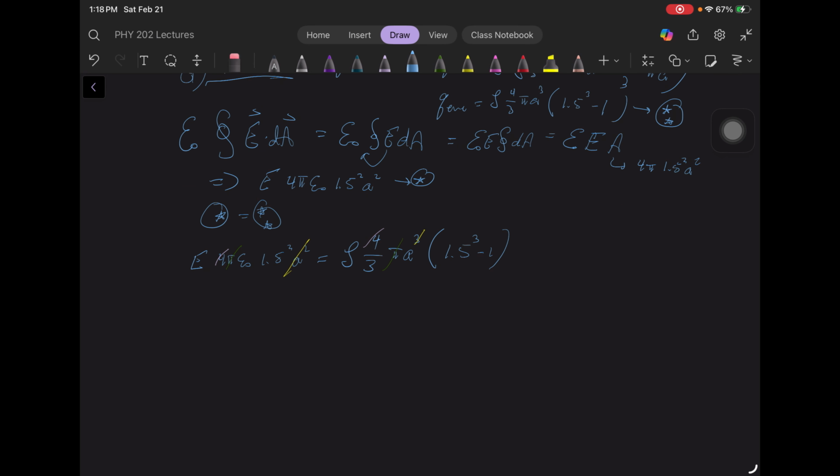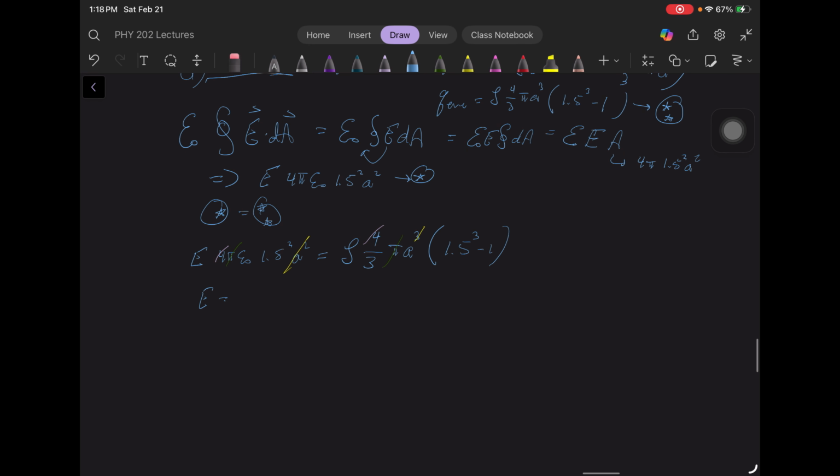And so we have E is equal to rho a times (1.5 cubed minus 1) over 3 epsilon naught times 1.5 squared.